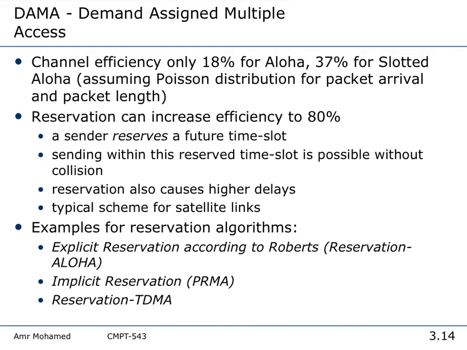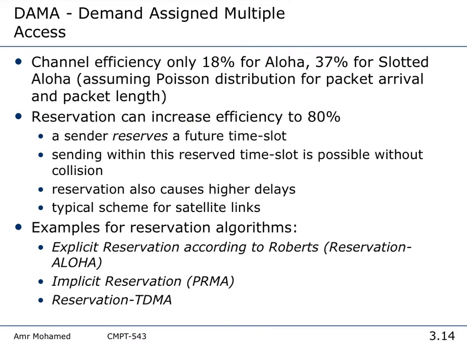But in high loads, these techniques get to much higher throughput than Aloha. So in order to avoid this low efficiency, we can use reservation. By reservation, we mean that we will reserve the channel in the future for a particular node.